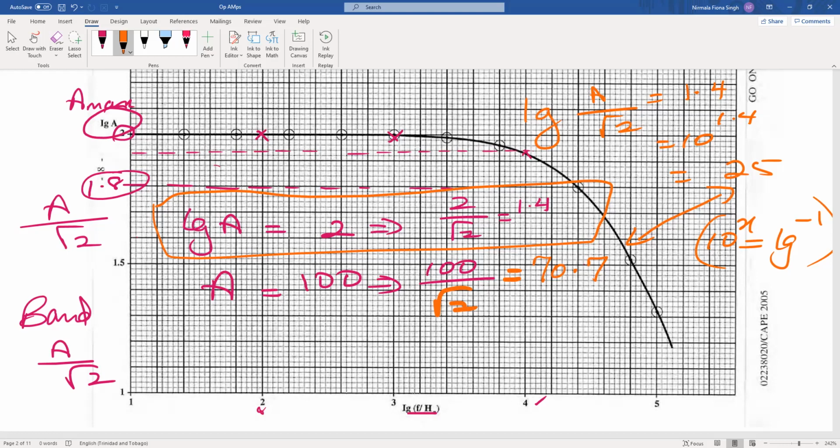Everybody understood why I went and found actual A and did not use log of A? Or do I have to go over the whole thing?